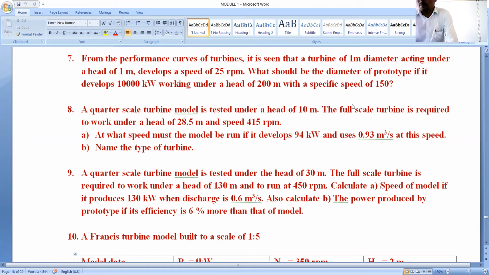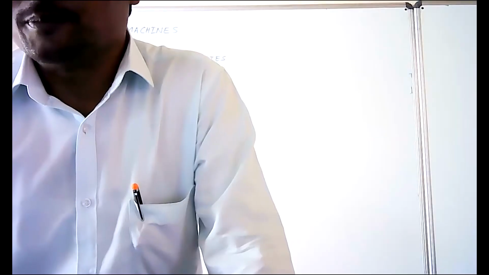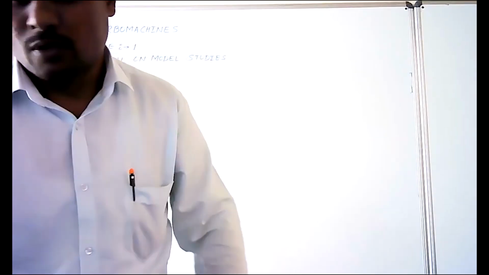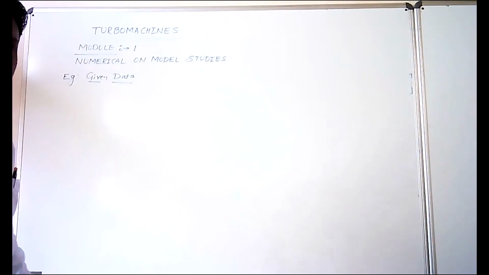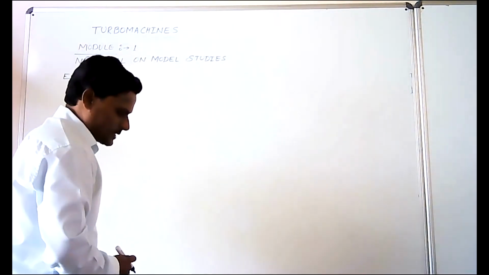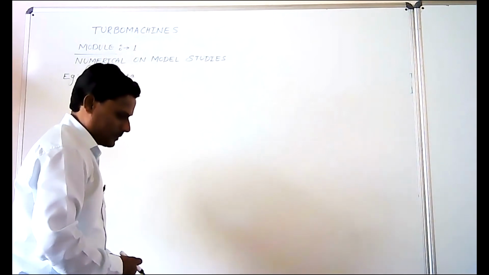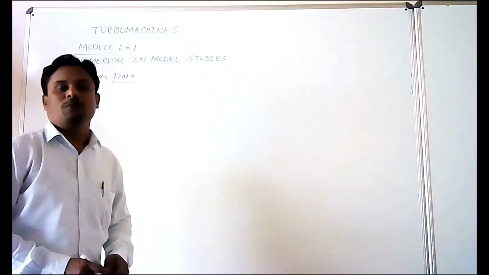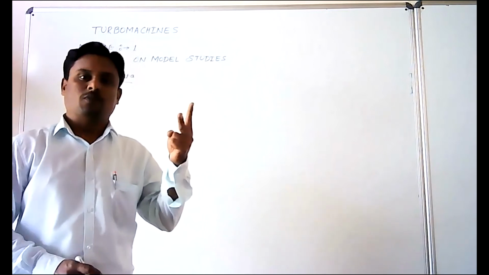These problems are very important from your examination point of view, so let us solve this problem carefully. First, let us write down the given data. Here we can assume there are 2 types of turbines.